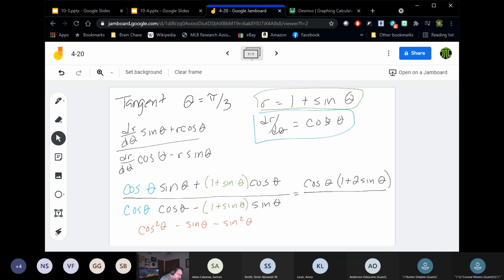Okay, so to keep them all as sines, they changed this to 1 minus sine squared theta. The cosine squared goes to that. So then this whole bottom part goes to 1 minus sine theta minus 2 sine squared theta, which you can factor to 1 plus sine theta, and then 1 minus 2 sine theta.